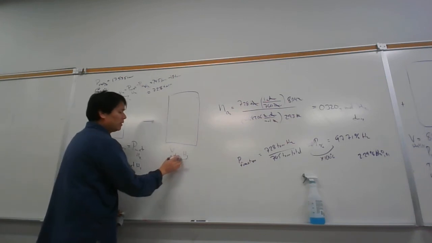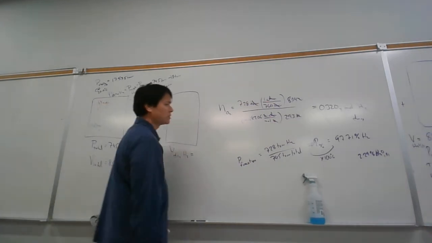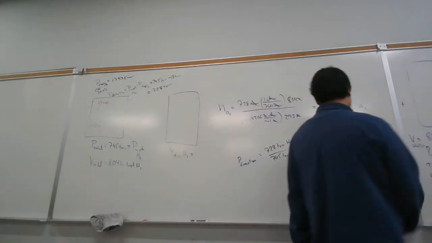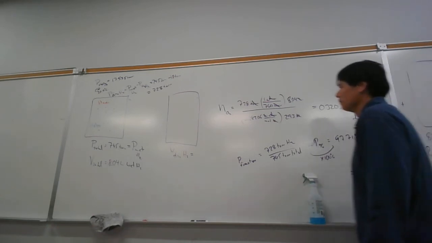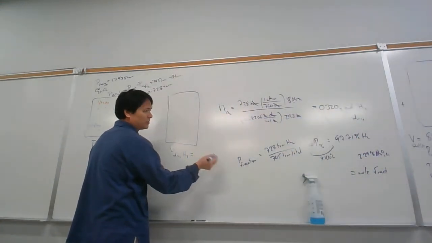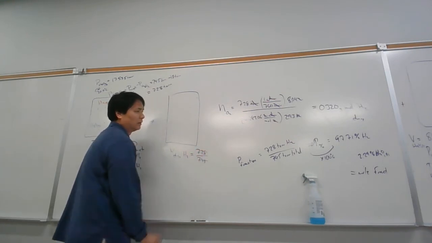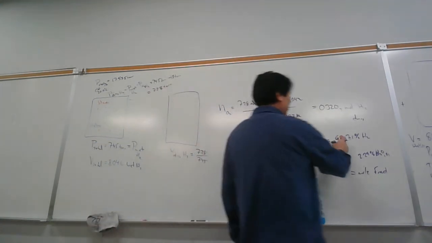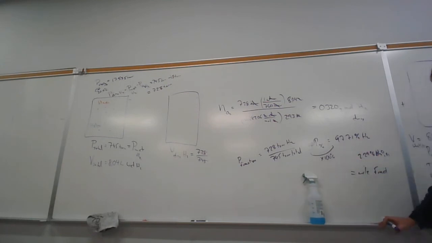And so the volume of the dry hydrogen is equal to the mole fraction. So the mole fraction is going to be 728 over 745, or 97.71 over 100, or 0.9771 divided by 1.